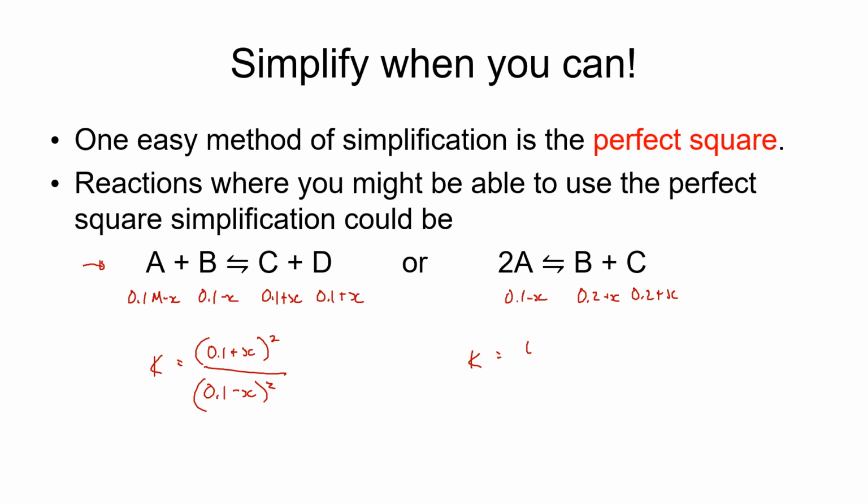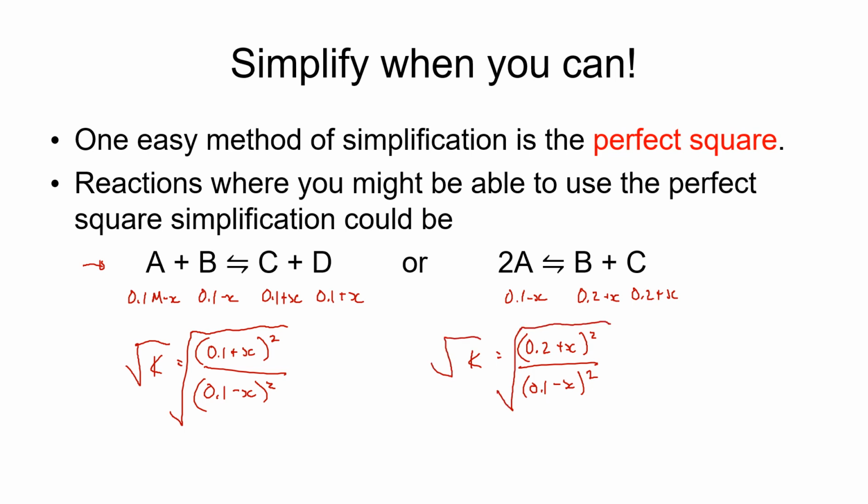So for this constant, you'd end up with 0.2 plus x squared on the top and 0.1 minus x squared on the bottom. So if you have a setup like this where the top and the bottom both have squared values, well then you can simplify by taking the root of both sides, and that gets rid of all the squares, and you don't have to do the quadratic equation, and you don't have to deal with any exponential values.